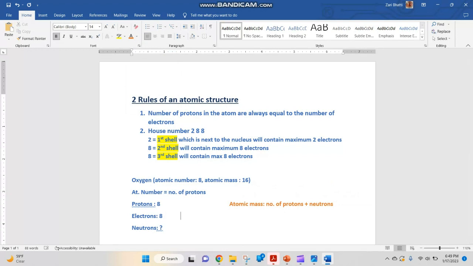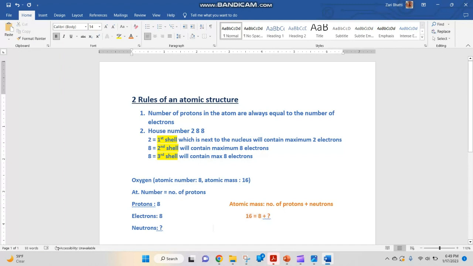If we start putting the values inside this formula, we know that atomic mass is 16. So 16, and then the number of protons is given, which is 8, plus question mark, because we don't know the number of neutrons yet.